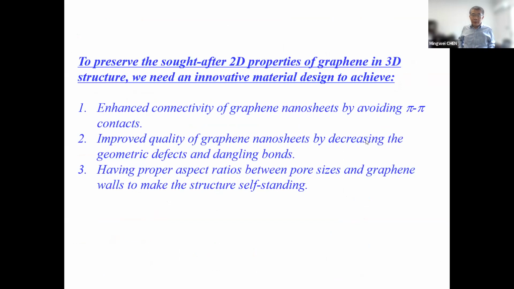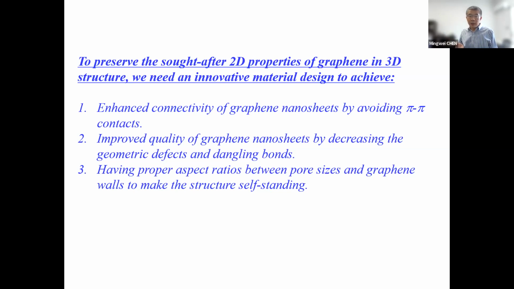So to preserve those sought-after 2D properties and move them into a three-dimensional graphene structure, we need, at least, an innovative material design idea, right? We need to keep the graphene sheets in the 3D structure in good contact, to avoid the so-called pi-pi bonding, this kind of one-wire interaction or edge interaction, right? So that electrons can flow smoothly within this framework.